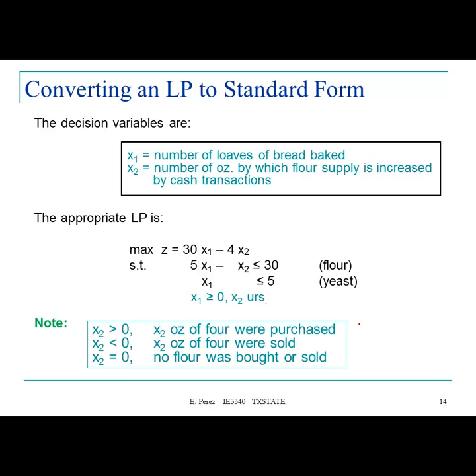So this decision variable, X2, can have different values that could be positive or negative. And if we want to formulate this linear program into a standard form, we need to take that into account.